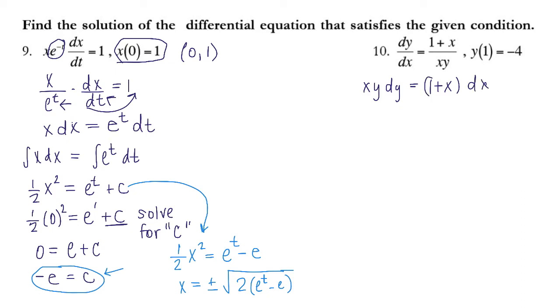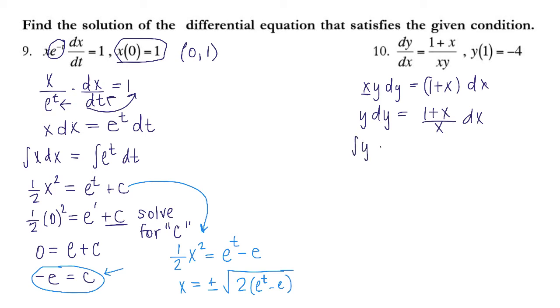And we still haven't separated our variables. We've got to deal with that x. So we're going to divide both sides by x. So I have y dy equals 1 plus x all over x dx. Now we've separated our variables.